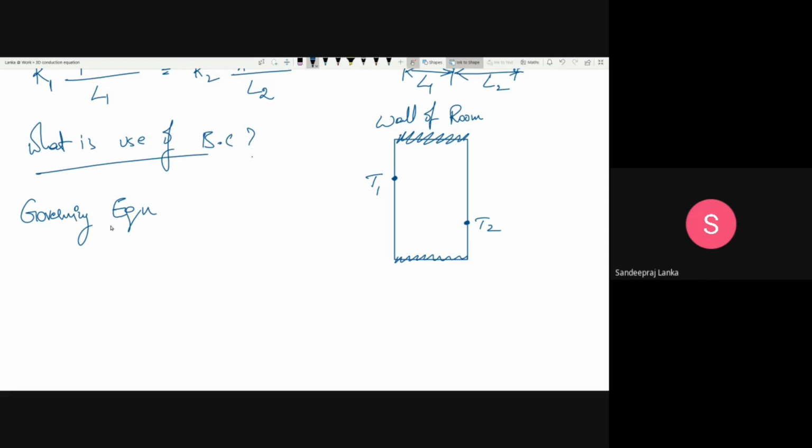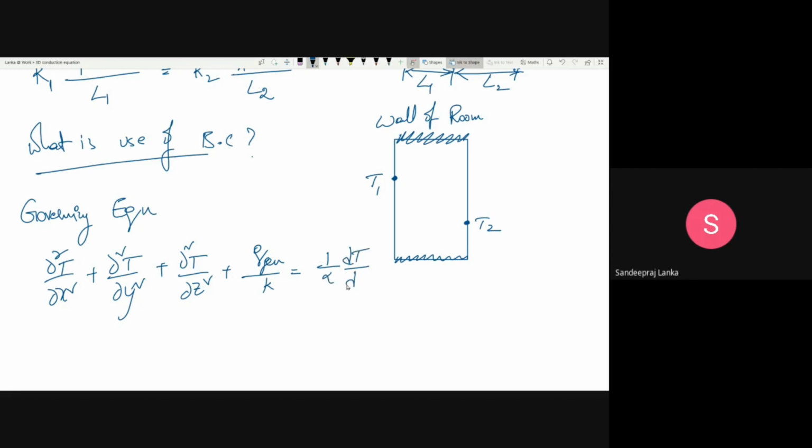This is a rectangular coordinate system, so it will be dou square T by dou x square plus dou square T by dou y square plus dou square T by dou z square plus q gen by k is equal to 1 by alpha into dT by dt. Small t I can take, some textbooks have tau. This governing equation represents the heat transfer in this wall.